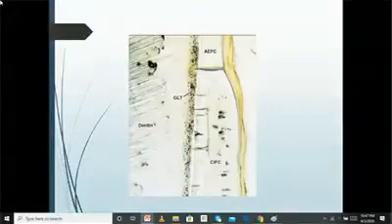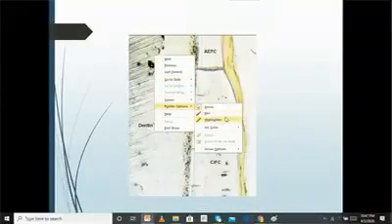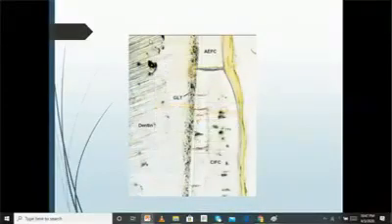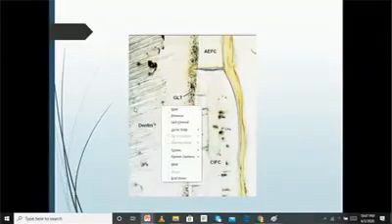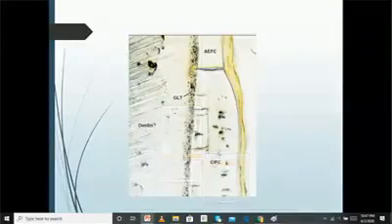This figure here shows the section of the root. Why am I unable to use my pointer? Okay, so this here is the dentine. This granular layer that you can see here is the granular layer of Tomes.